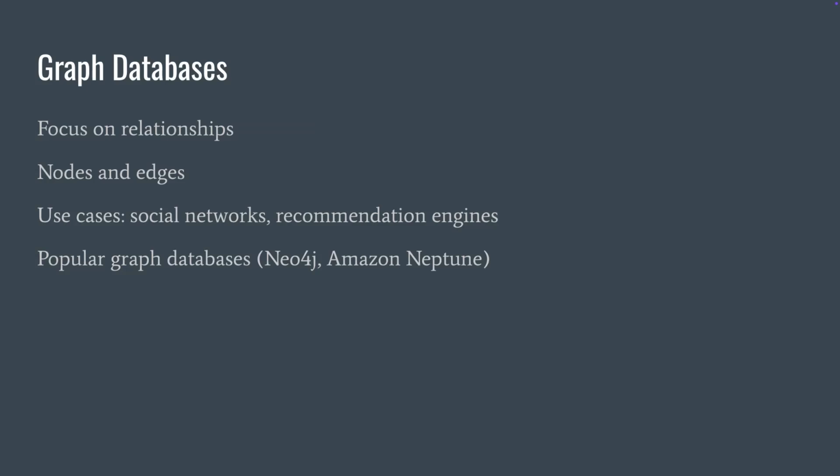If you go over examples, we can talk about social network. So if you're to have social network and graph database, each node might represent a person, and an edge would indicate that two people are friends.